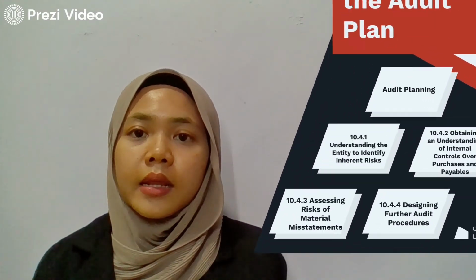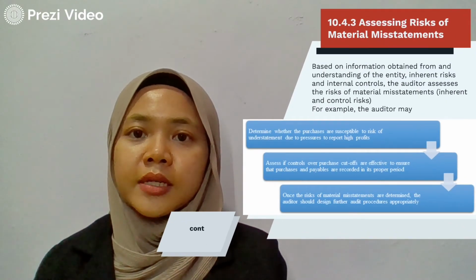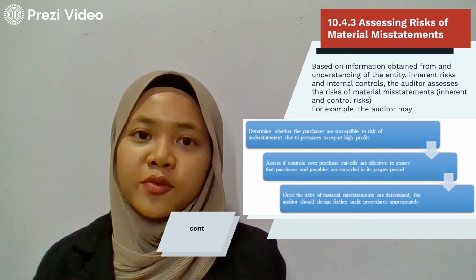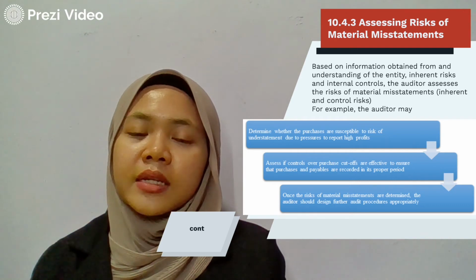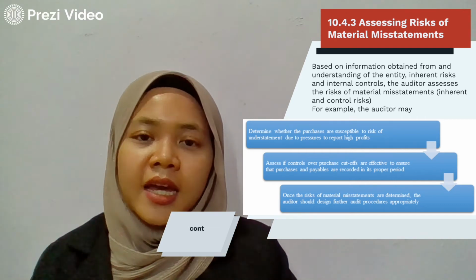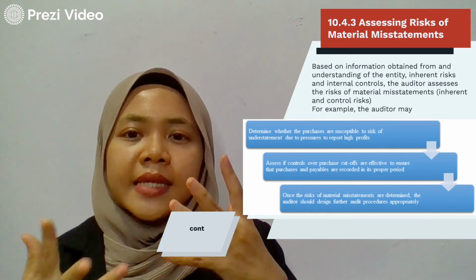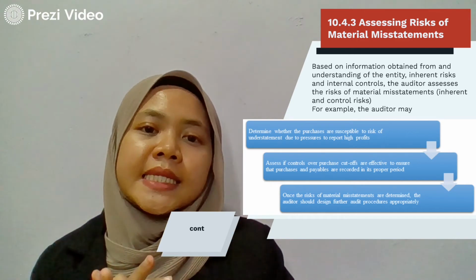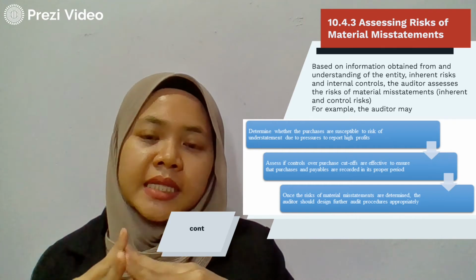The third one is assessing risk of material misstatement based on information obtained from an understanding of the entity. Considering inherent risk and internal controls, the auditor assesses the risk of material misstatements.